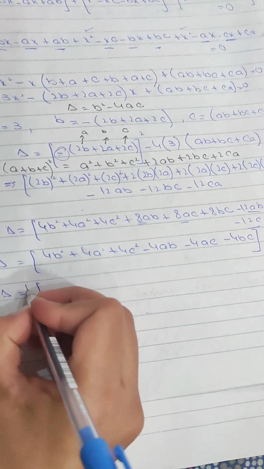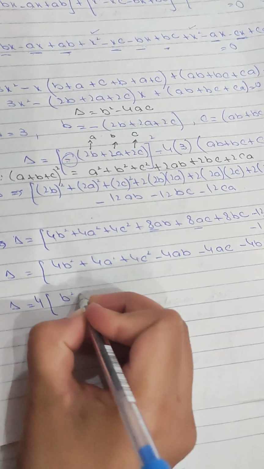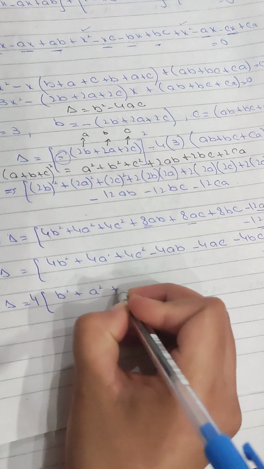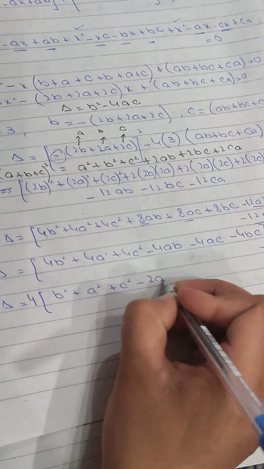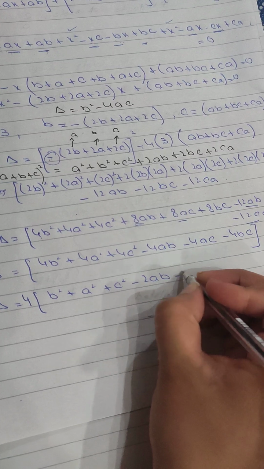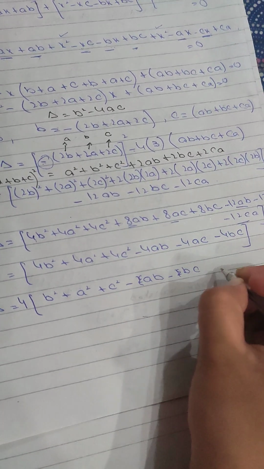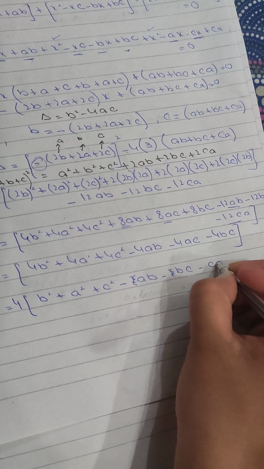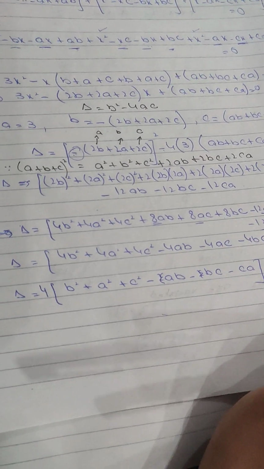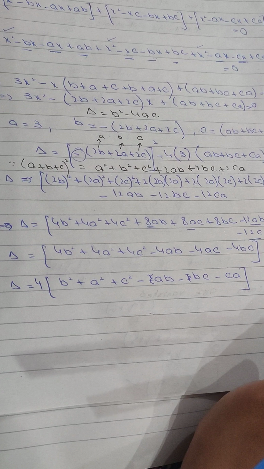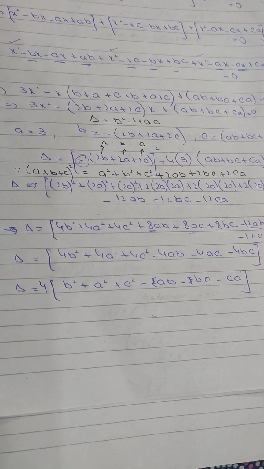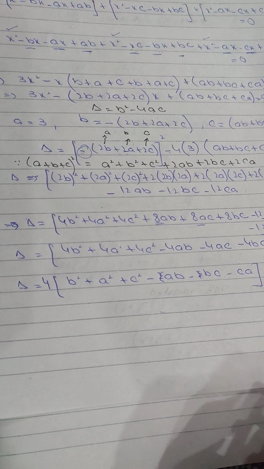If I take 4 common, it will be b square plus a square plus c square minus 2ab minus 2bc, minus ab minus bc and minus ca. I have taken 4 common from all. Now as you know, we are going to convert it into a whole square. So let's start.